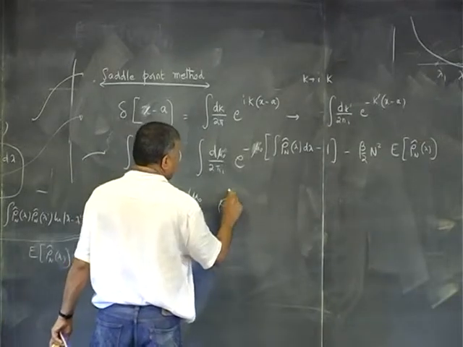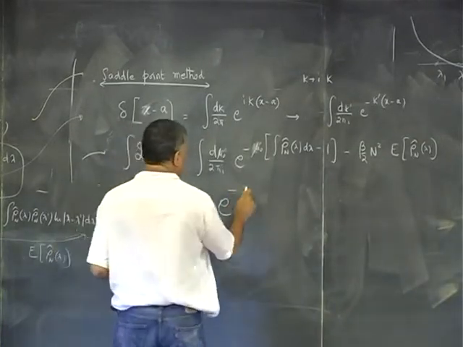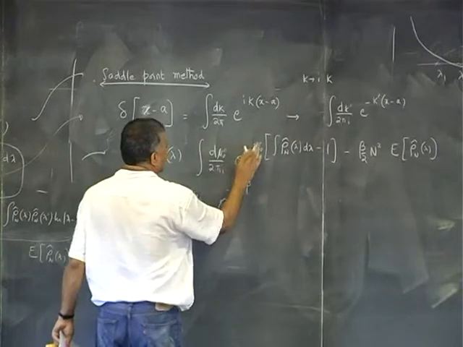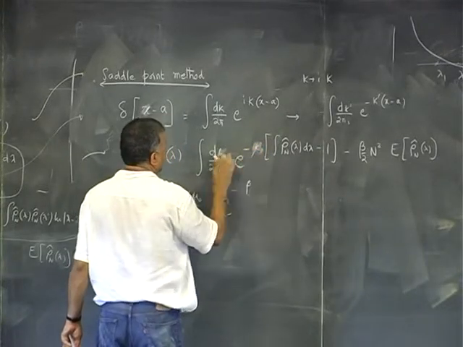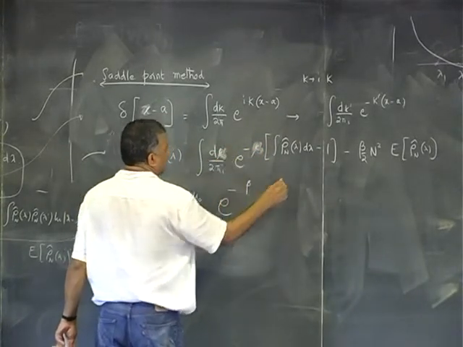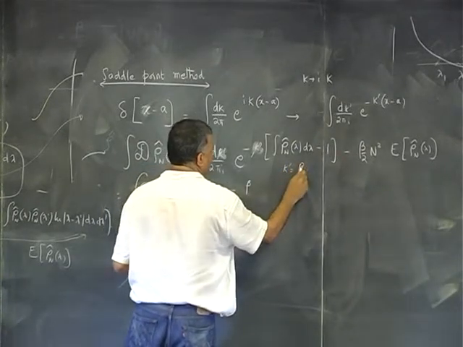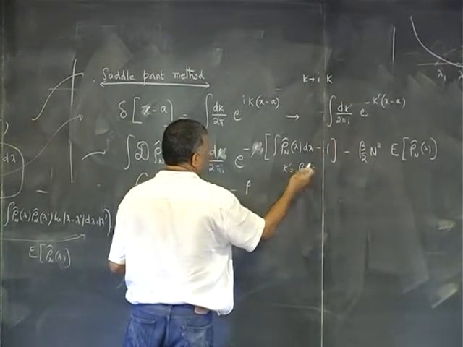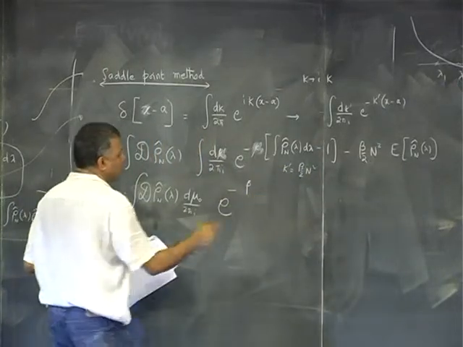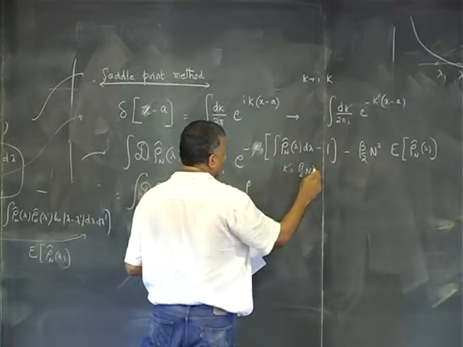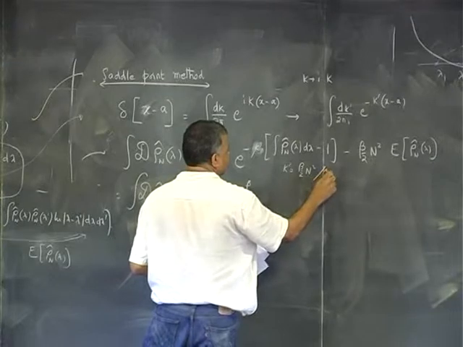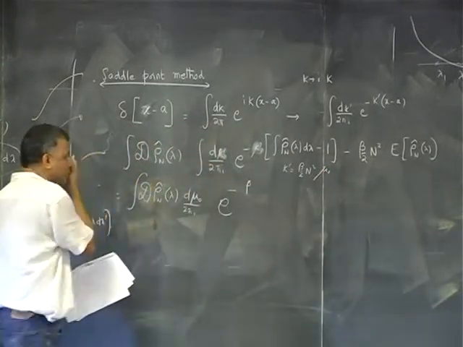So you can write this as e to the power minus, I had this k prime, and just to make it comparable to this, I can always do that, I just rescale and write k prime as beta by 2n square times, let's say mu naught, where mu naught is the new variable. I make a change of variable.